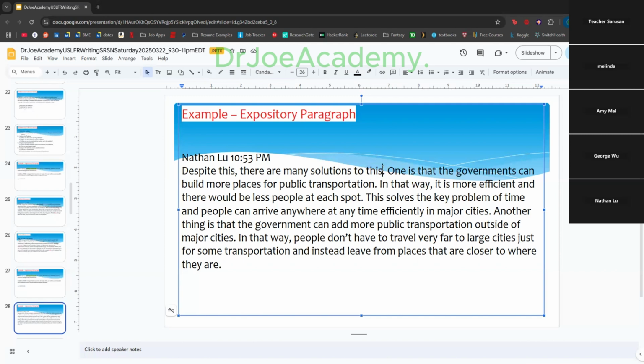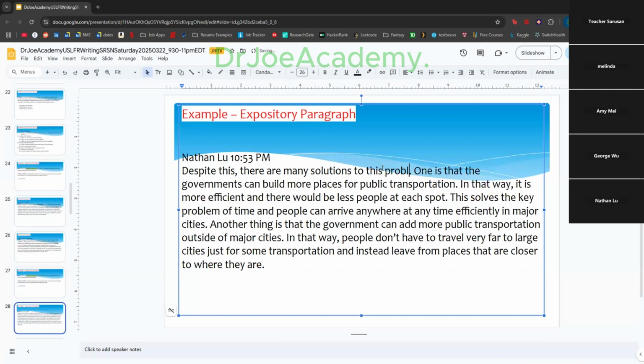Let's include a little bit of specific detail. So despite this, there are many solutions to this problem. One is that the governments can build more places for public transportation.